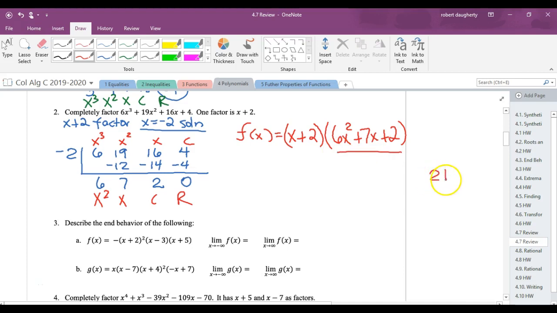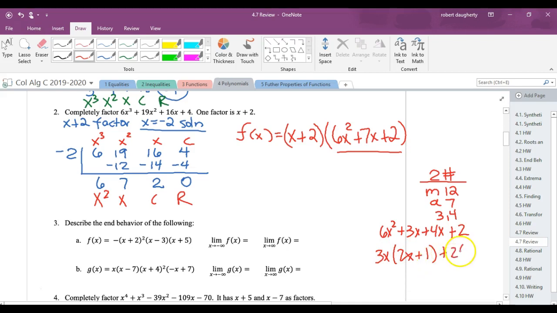I need to find two numbers that multiply to give me 12 and that add to give me 7. I think 3 and 4 would do the trick. So this is 6x squared plus 3x plus 4x plus 2. Factor by grouping: 3x(2x plus 1) plus 2(2x plus 1).